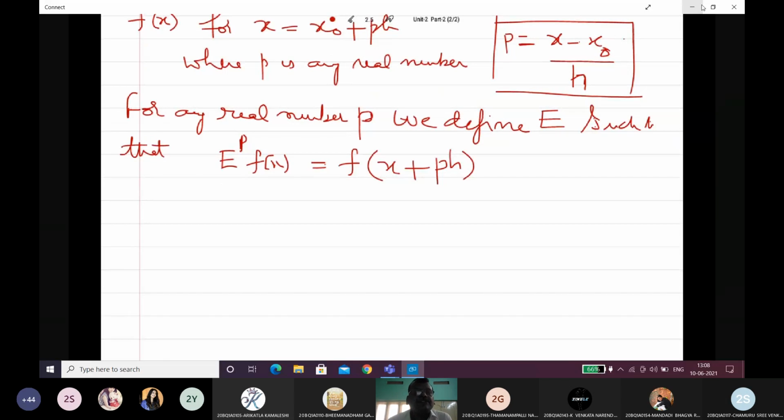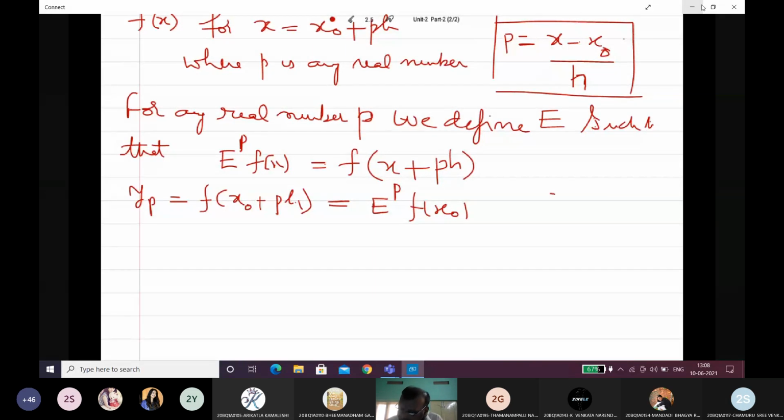Now we know the value of E is equal to 1 plus delta. We can write this as yp is equal to f of x plus ph is equal to E power p, here we have to take for x naught, E power p f of x naught.